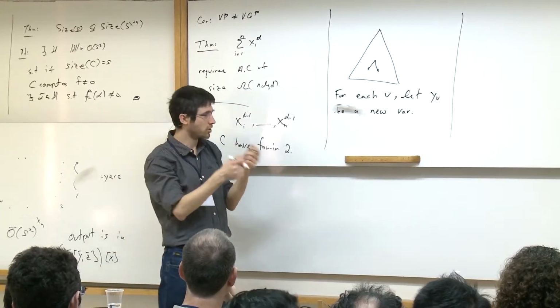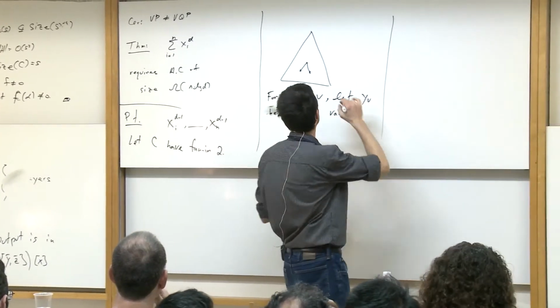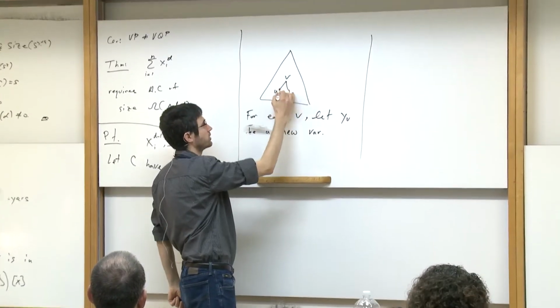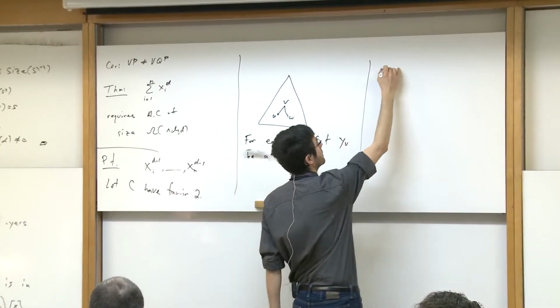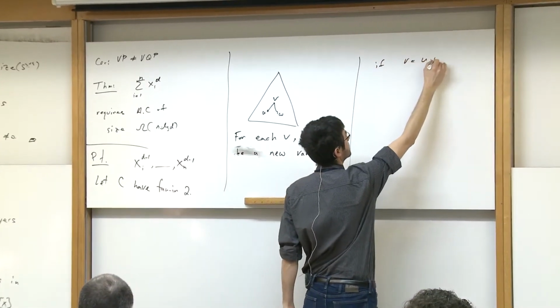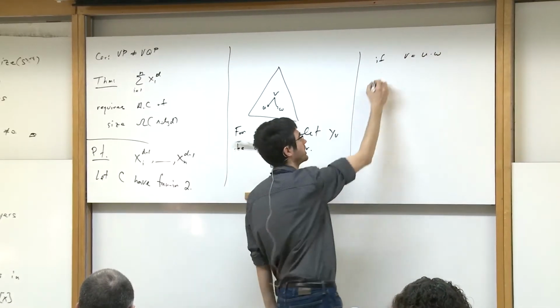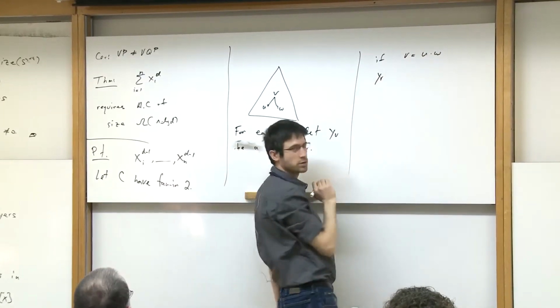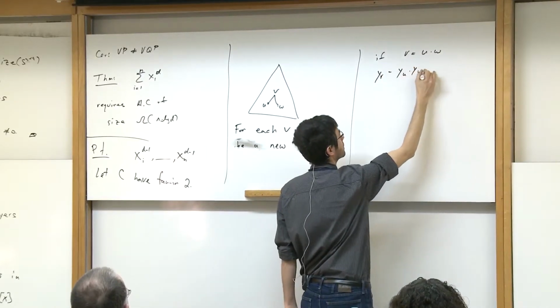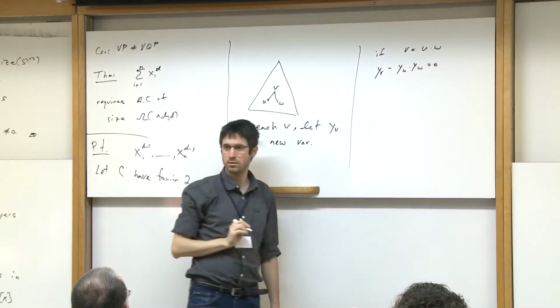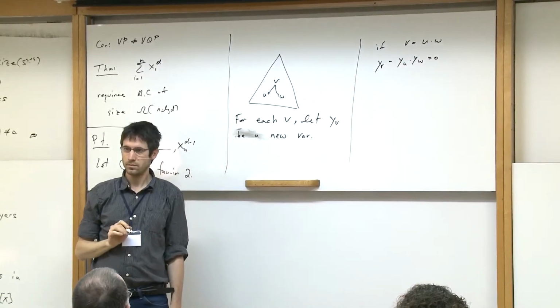Let's say we have a gate V and two children U and W. If V is U times W, we introduce the equation y_v minus y_u times y_w equals 0.